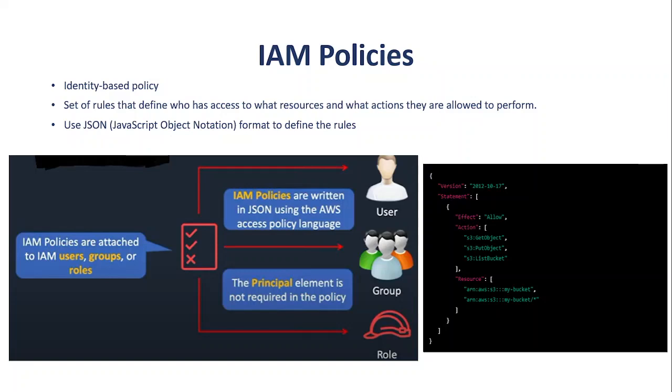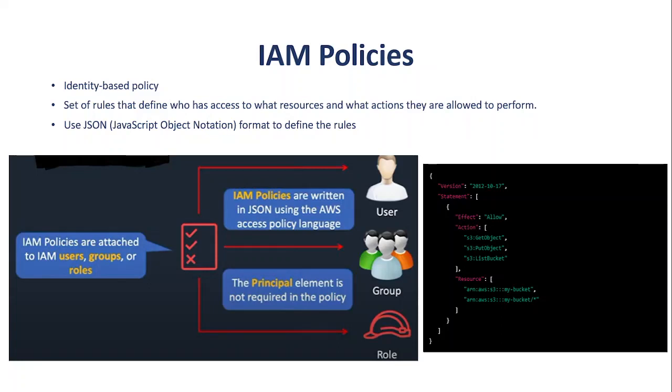Okay, let's look into the IAM policies. For those who are not aware of what IAM is, basically it's an AWS service that helps us to securely control access to AWS resources. It allows us to create and manage users, groups, where a group can have users in it, and roles, and also provide access control for these AWS resources.